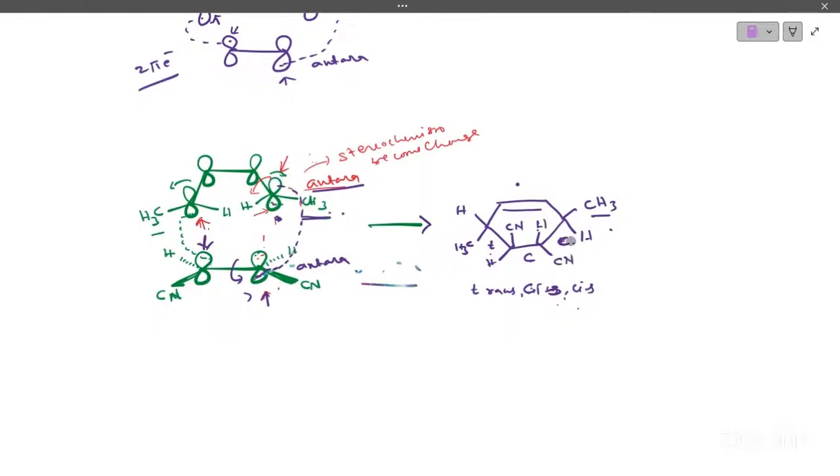Now the stereochemistry becomes, this becomes trans, this also becomes trans, this also becomes trans. Therefore, the product is all trans product generated.